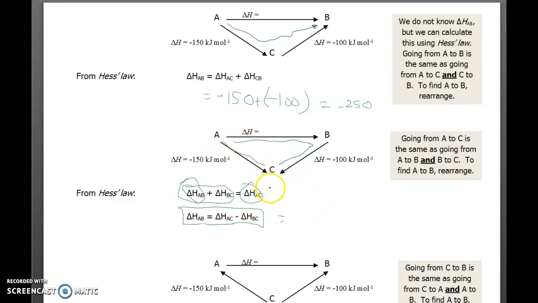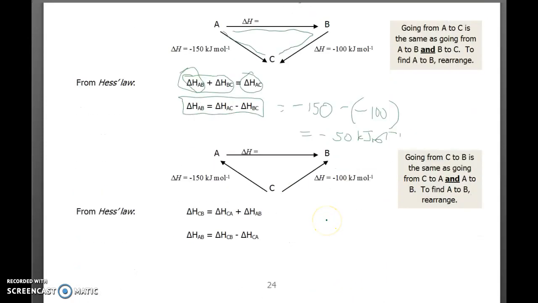So the enthalpy change from A to C is minus 150 kilojoules per mole, and then we're going to subtract away from that minus 100 kilojoules per mole, which leaves us with a total of minus 50 kilojoules per mole.